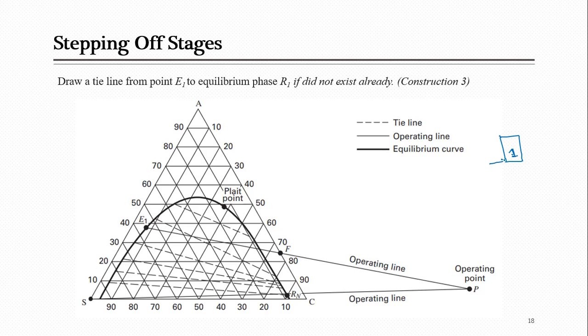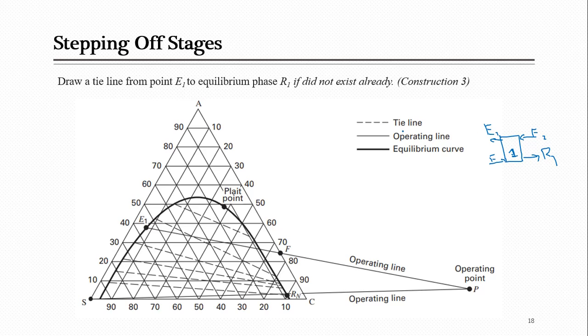Feed enters here, and something rich in solvent enters here, which we call E2 from that diagram. What was leaving this system was R1 and E1. You know that R1 and E1 are in equilibrium with each other.